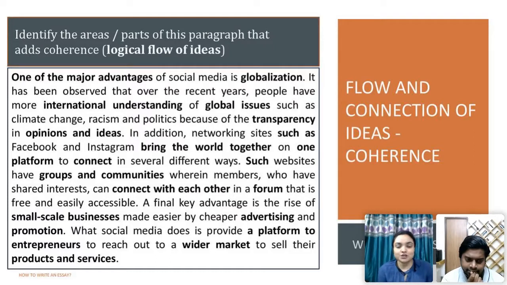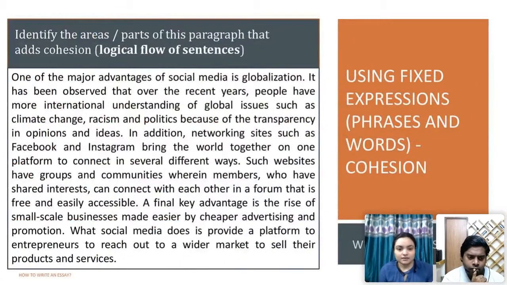We'll now look at logical flow of sentences. Now we are getting into language. How are sentences connected to each other? Why is one sentence coming after the other? There has to be some reason behind it. If you have a look, international understanding comes right after globalization.